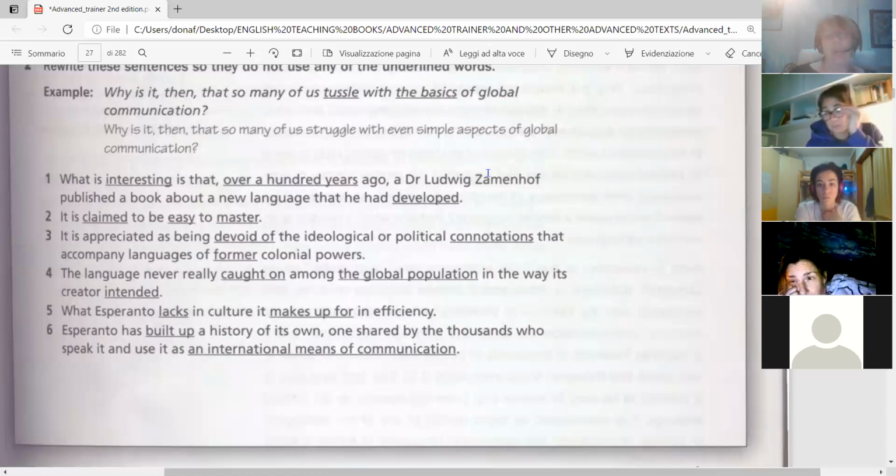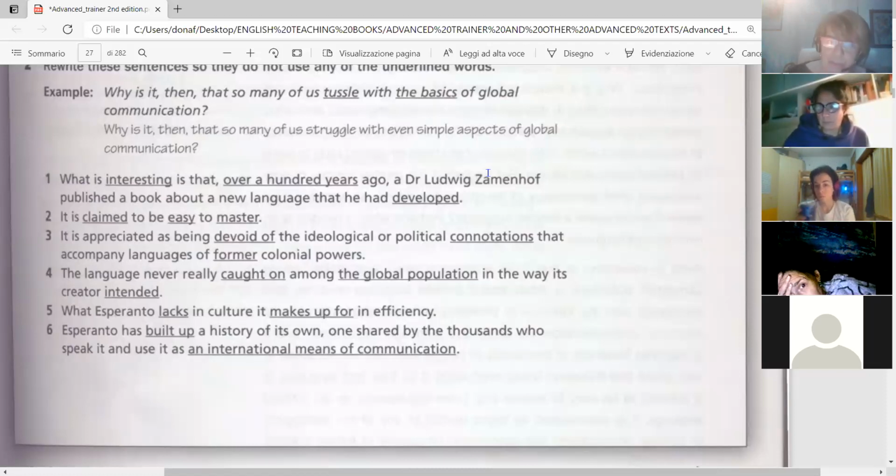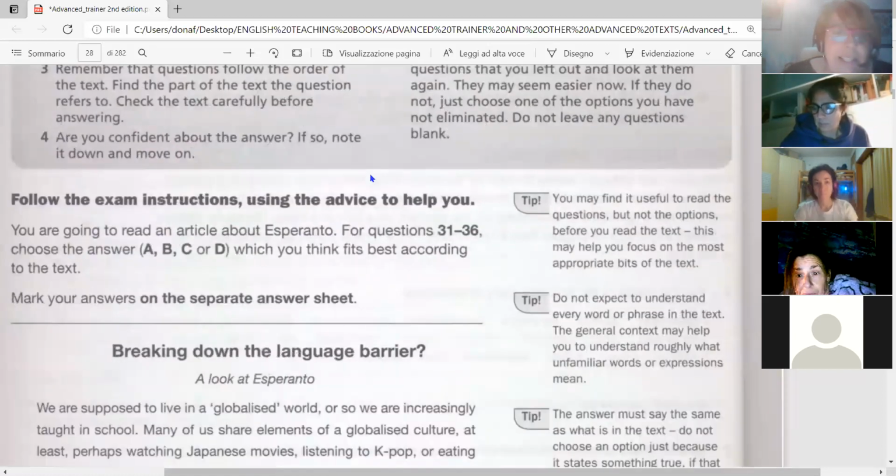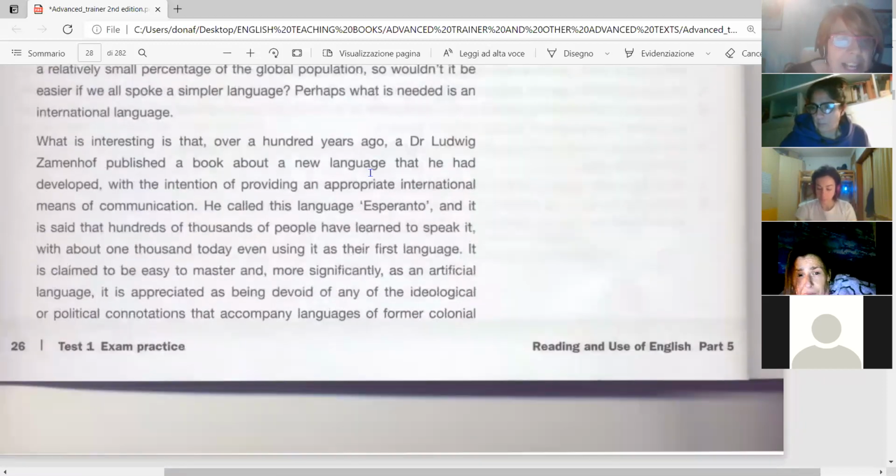And so lingua franca is the appropriate word, but they invented another one that is global language. Okay. Very good, girls.